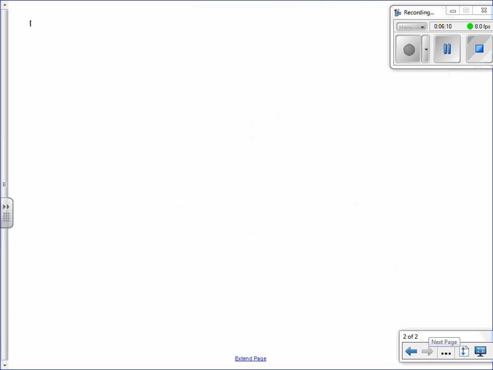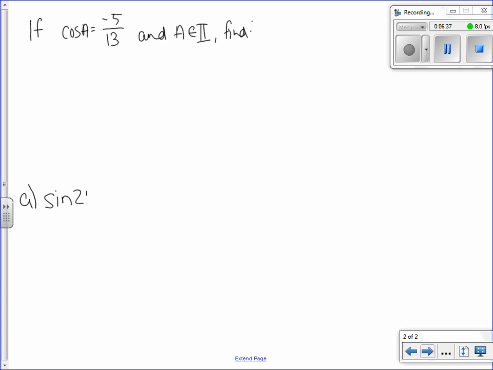Okay? So if the cosine of A is equal to negative 5 over 13, and angle A is in quadrant 2, we are going to find the sine of 2A, and then we are going to find the cosine of 2A.